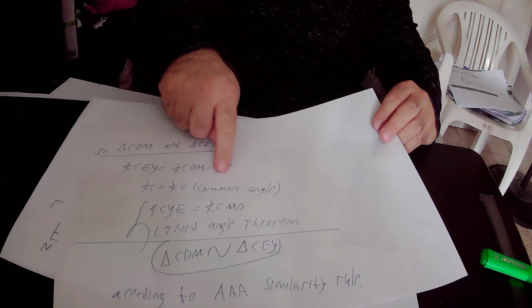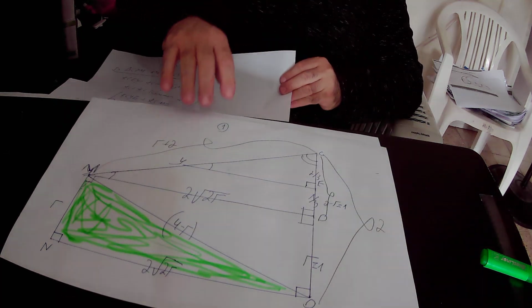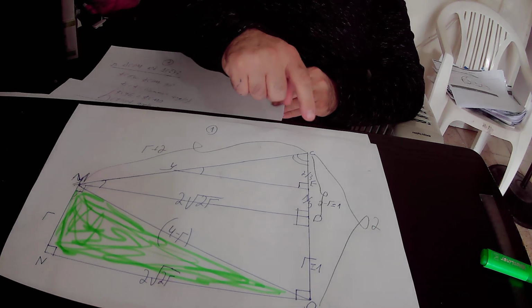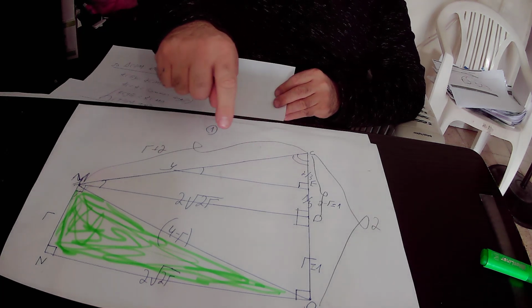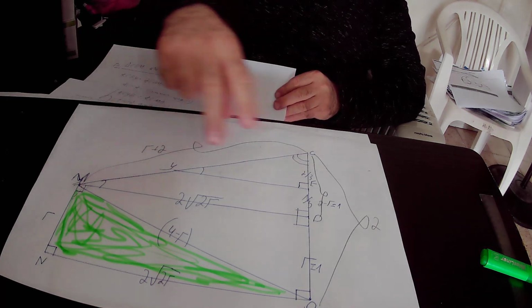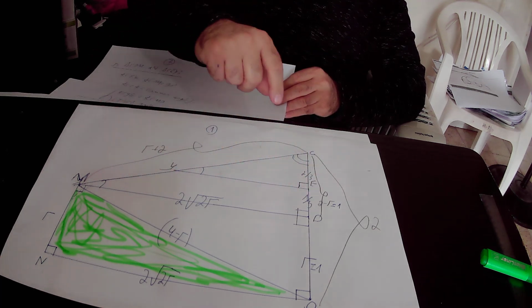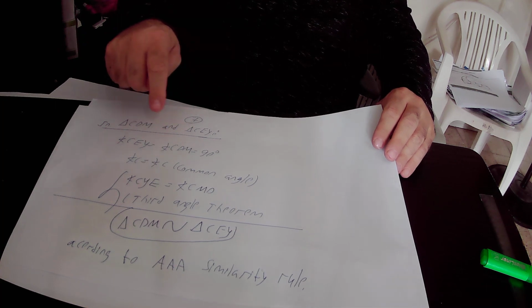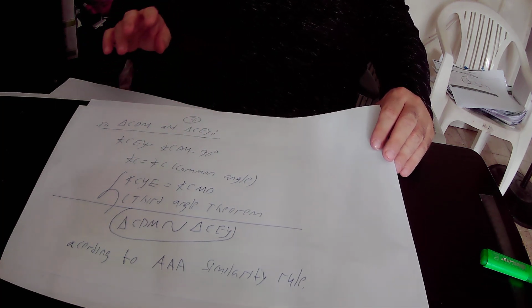Angle C equals angle C is a common angle that belongs to both triangles. This angle, angle C, belongs to the triangle CEY. Angle C also belongs to the right triangle, triangle CDM. Therefore, we can write down that angle C equals angle C. It's a common angle that belongs to both triangles.